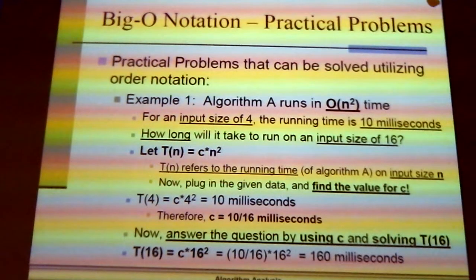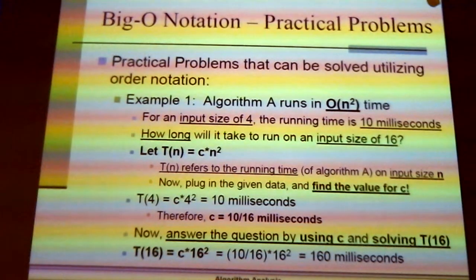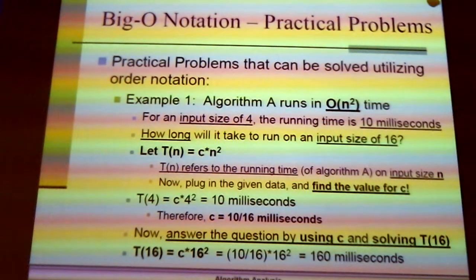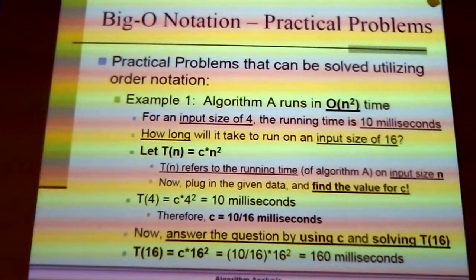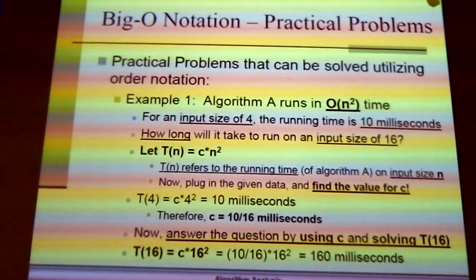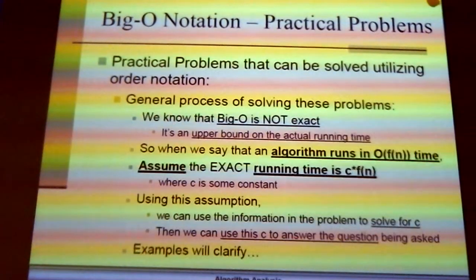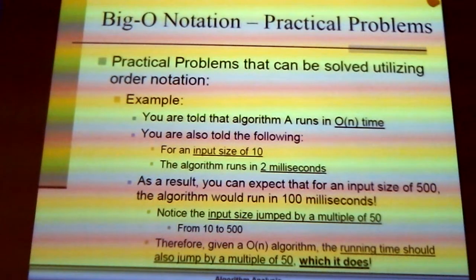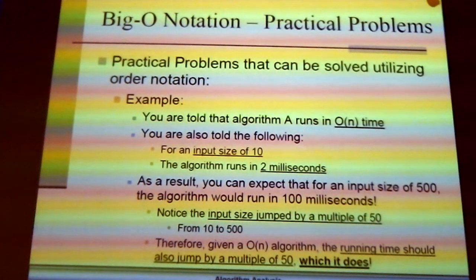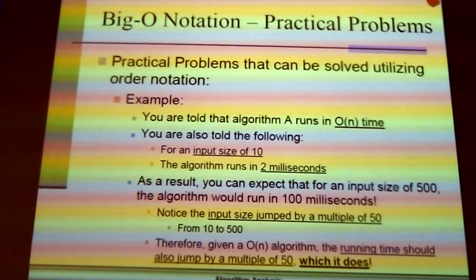So here, we have an algorithm that runs in n squared time. The input size is 4, the running time is 10 milliseconds. How long will it take to run at an input size of 16? Up here, we could quickly look at this and go, well, we started with an input size of 10, now we have 500.